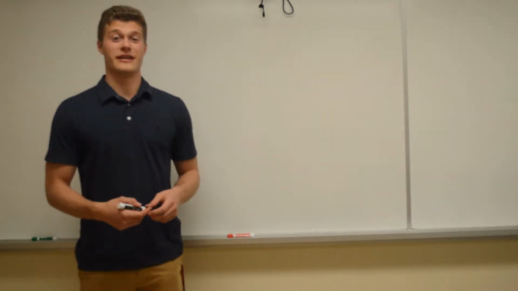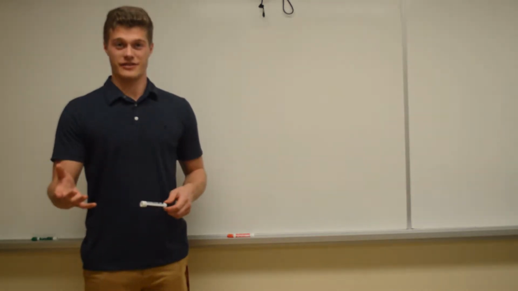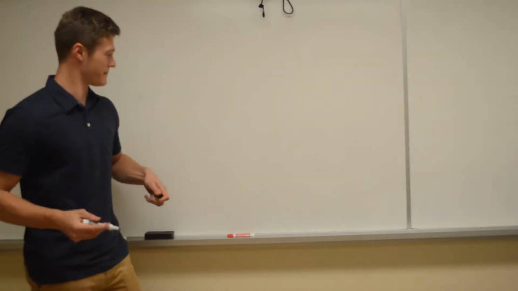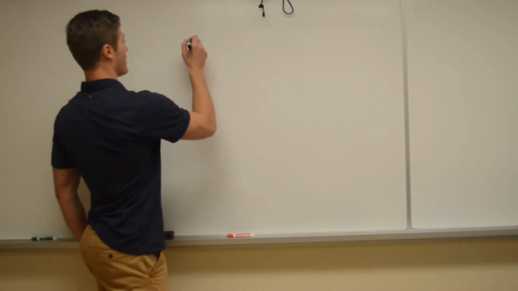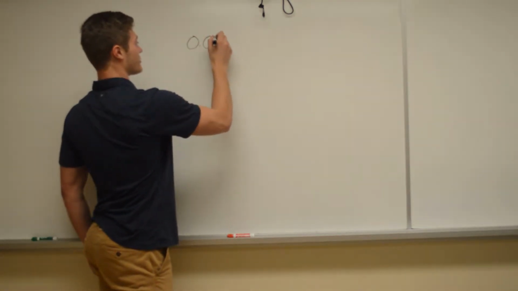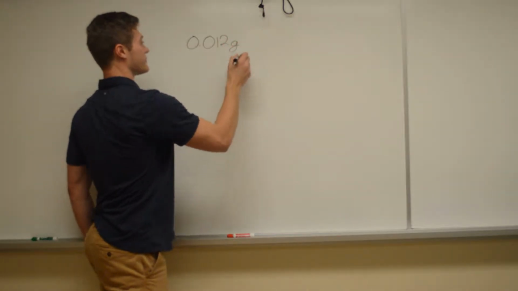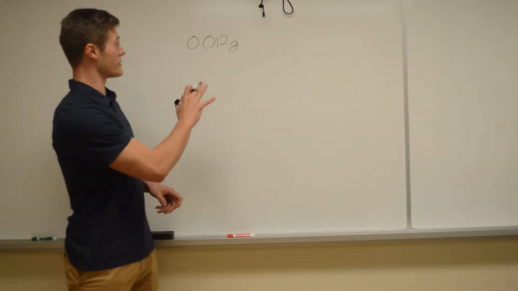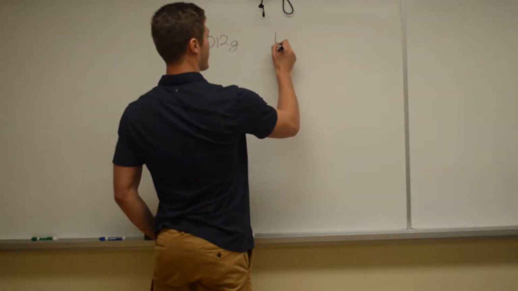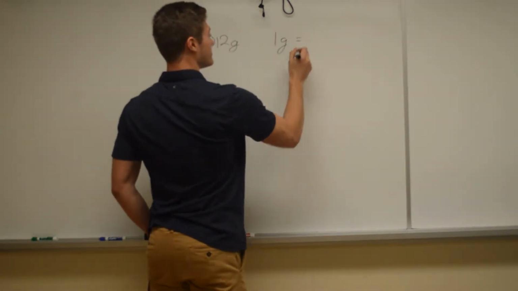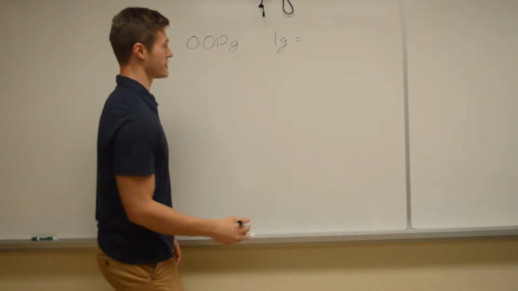Now, let's work through an example of converting between different units in the SI system. Let's start with the example of 0.012 grams. We have our 0.012 grams, and we know that 1 gram is equal to 1,000 milligrams.